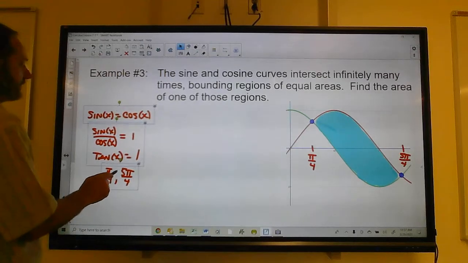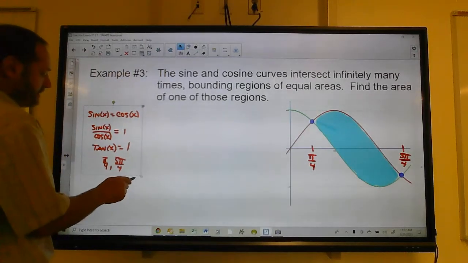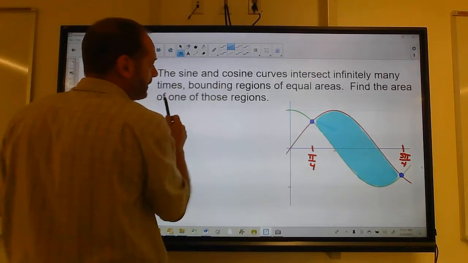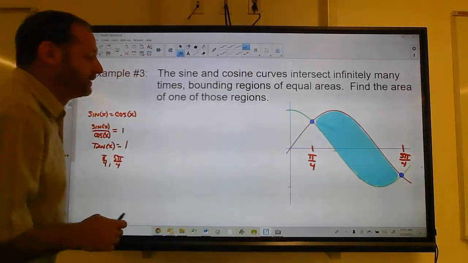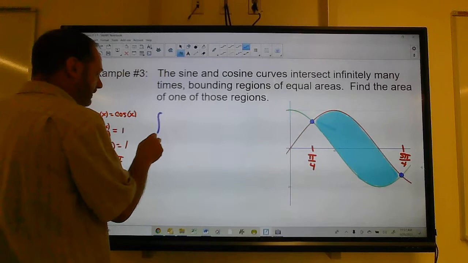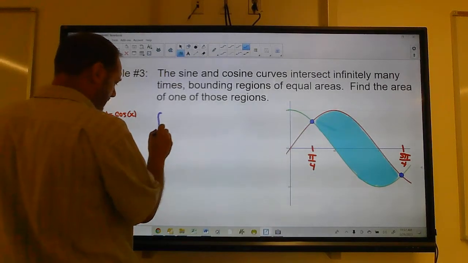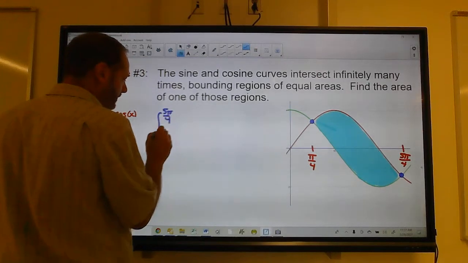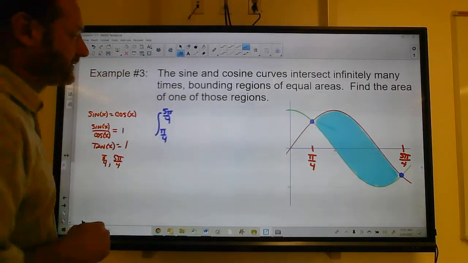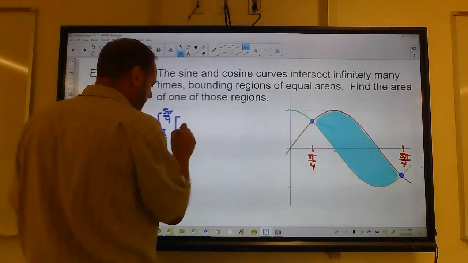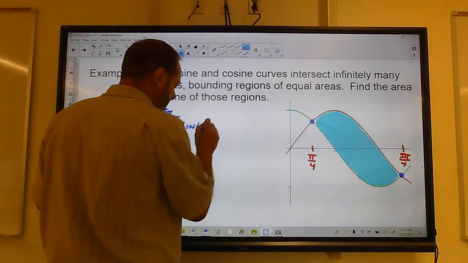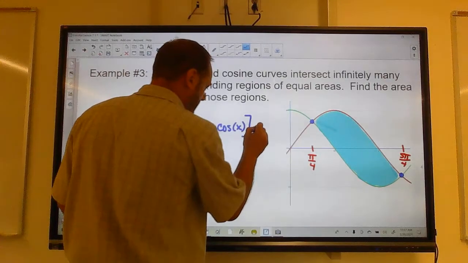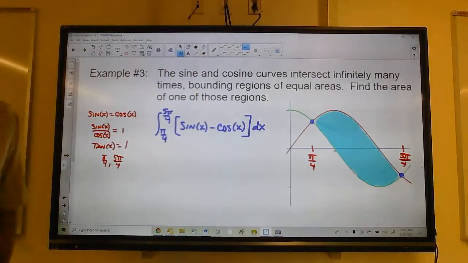So we'll move this over here a little bit. All right. Now we can go ahead and integrate here. So we're going to integrate from pi over 4 to 5 pi over 4. And let's see, sine's bigger, so it's going to be sine x minus cosine x dx.